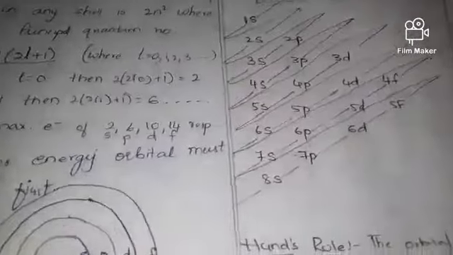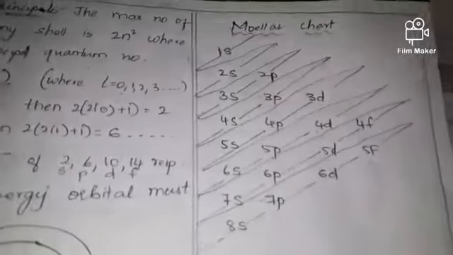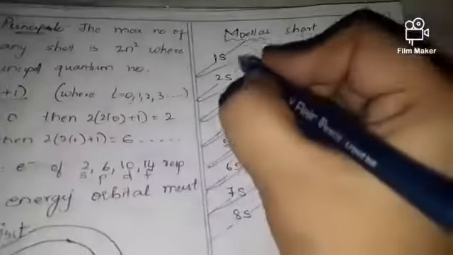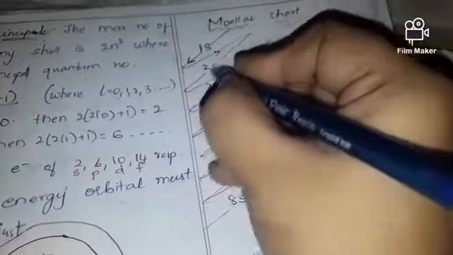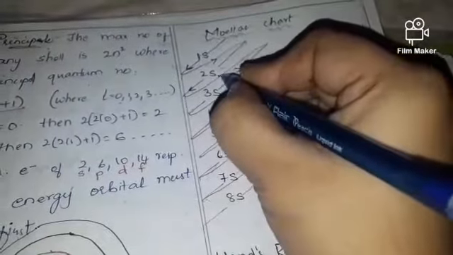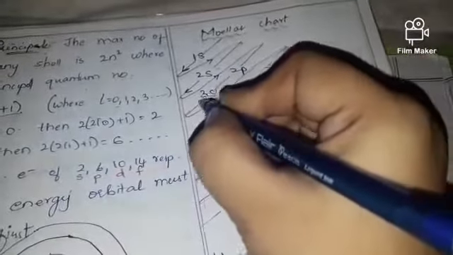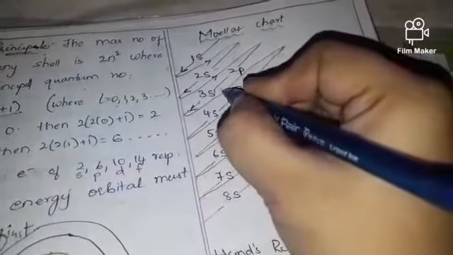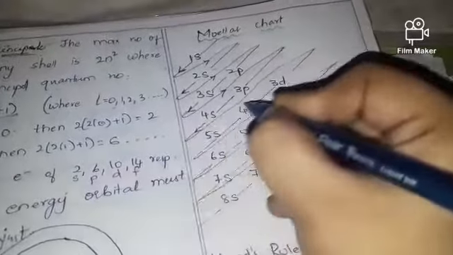Then how will you write the lower energy orbitals? First you fill up the electrons in 1s. Then come back and fill up 2s. After filling 2s, you go with 2p. After filling 2p, fill 3s. Then 3p, 4s.